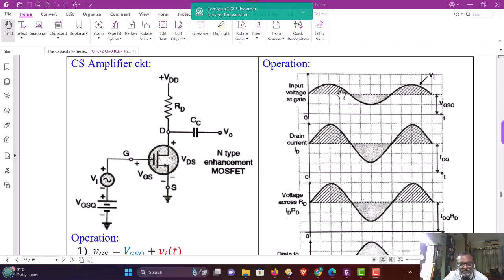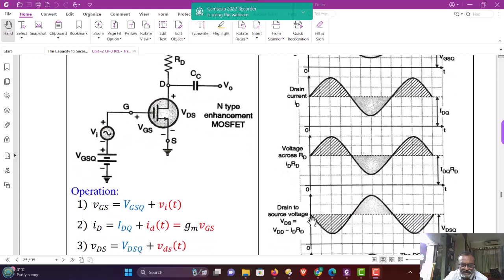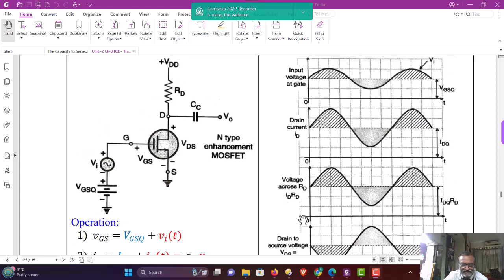So during the positive up cycle, the hatched portion shown here, when time t equals 0, when the external input signal is 0, the drain current is IDQ. Whereas the drain to source voltage is VDSQ here, as shown in the waveform of VDS.